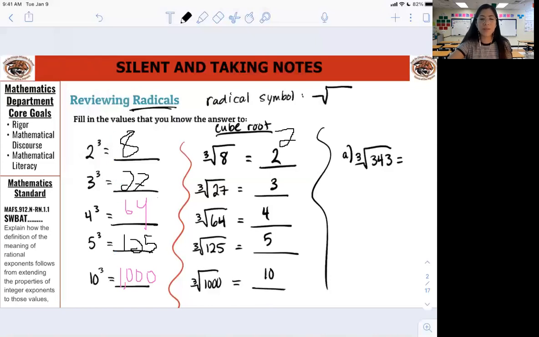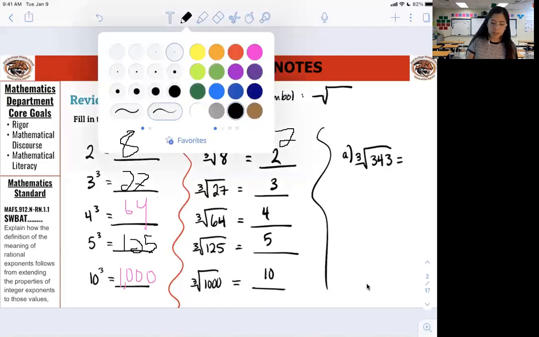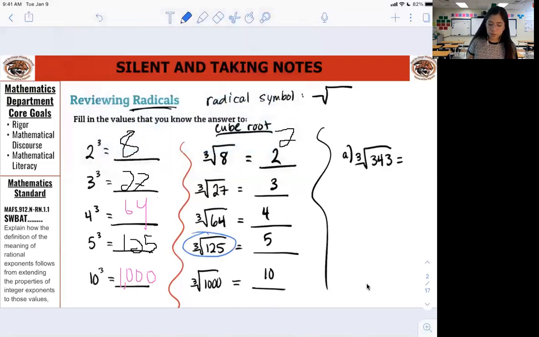So it would have to divide itself 3 times, which is not an easy thing to come up with. So what you can do is you can think, okay, the number 343 is somewhere between 125 and 1,000. It's in between those two values.